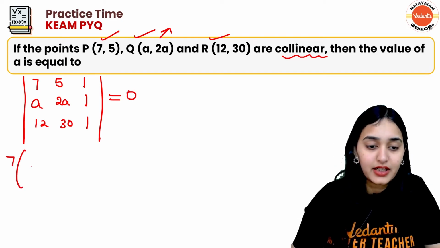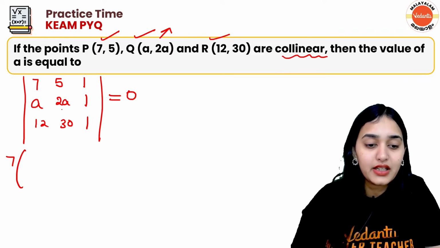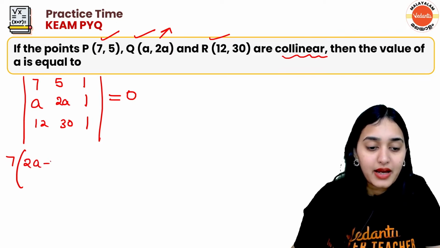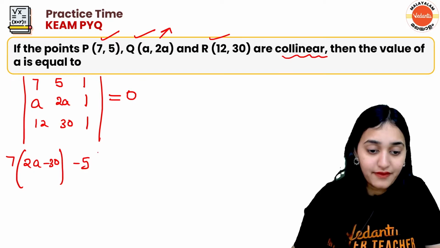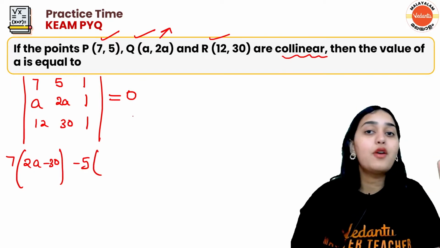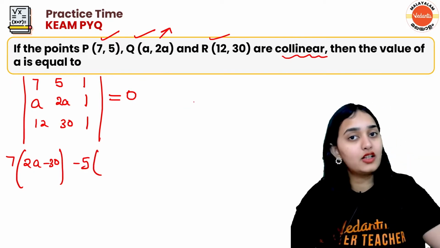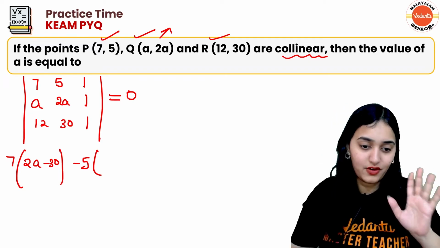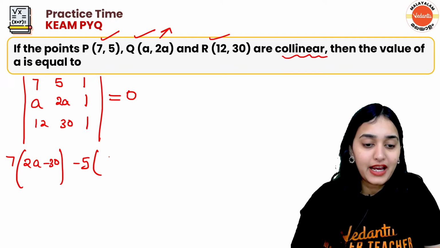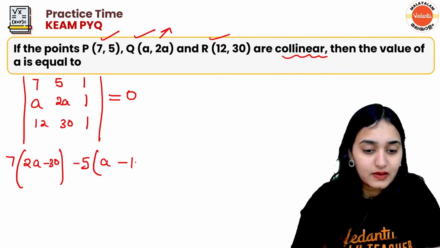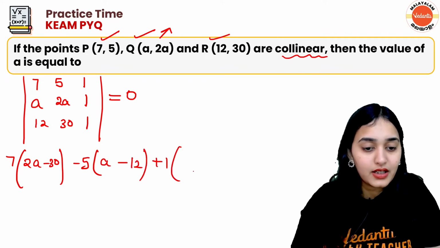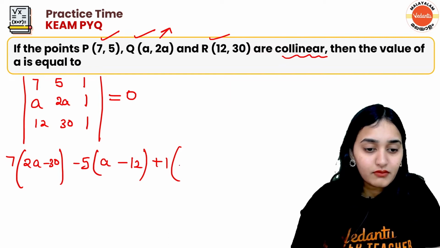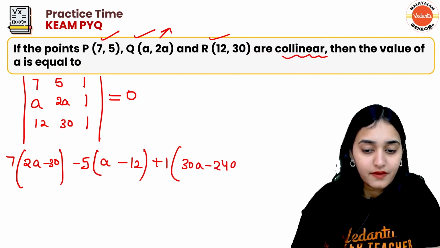So 7 into 2a minus 30, minus 5 into, I will not teach how to find determinants. I have already taught that in the determinants lecture. Please go watch that lecture if you have not seen it. Minus 5 into a minus 12, plus 1 into 30a minus 12 to the 24a.